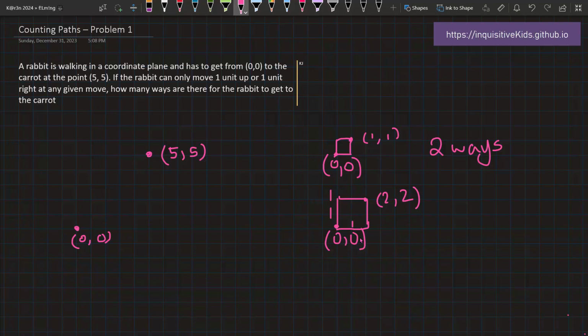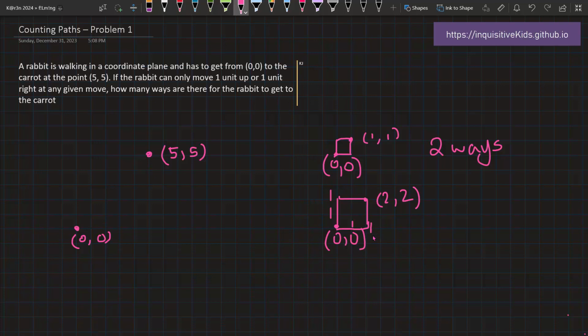Now I'm writing the number of possible ways to get to each point, as if that point was the destination. So each of these number ones represents the one possible way for the rabbit to travel there. Now this corner point right here, the only way you can get there is if you travel right 2 times from the origin point. So there's a 1 next to that point as well.